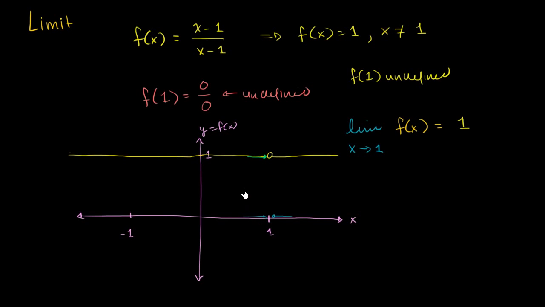Let me do another example where we're dealing with a curve, just so that you have the general idea. So let's say that I have the function, and for the sake of variety, let me call it g of x. Let's say that we define g of x as x squared when x does not equal 2.